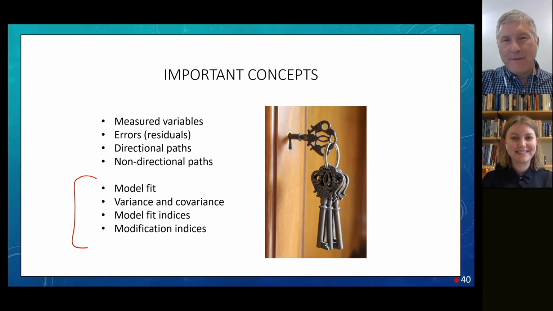But the idea of fit is really still evolving. People are challenging our notions about how we assess the fit of some entire giant system. So I'll say just a tiny bit about that, though we could spend literally hours talking about it. And then some other ideas: variance and covariance, model fit indices, and modification indices.